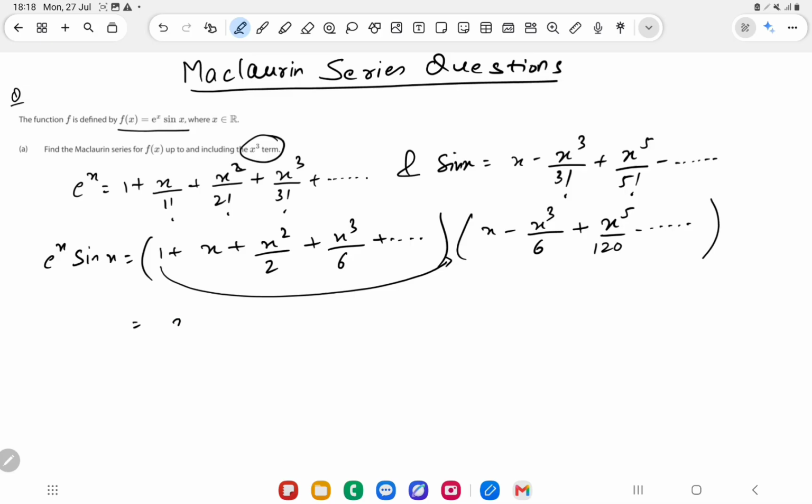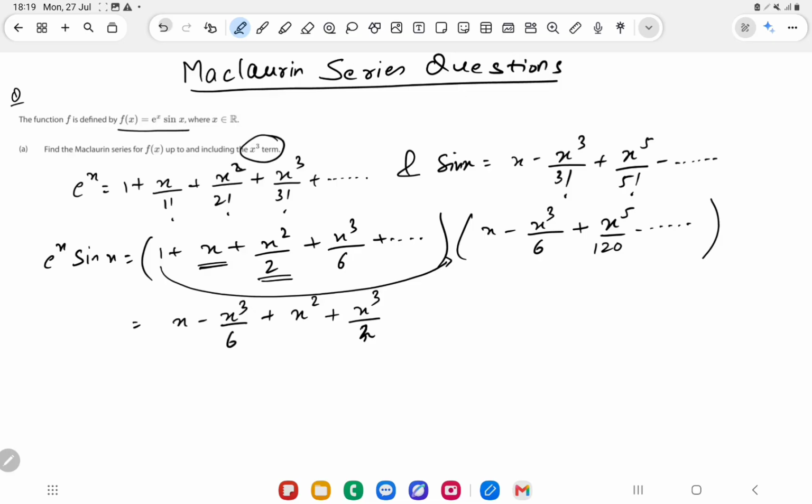So I will get x minus x cube over 6. Now my next step is to multiply this x with the next bracket, so it will be x square, because I only need this. Now I'll focus on x square by 2, so I will multiply this also with x.